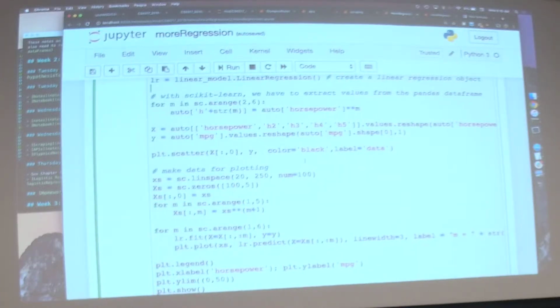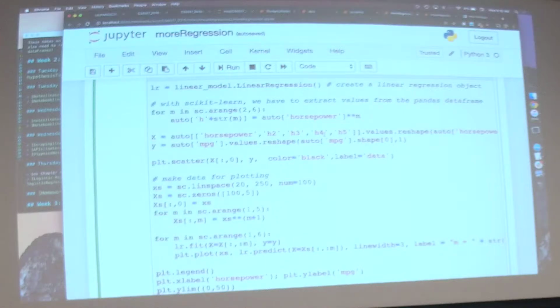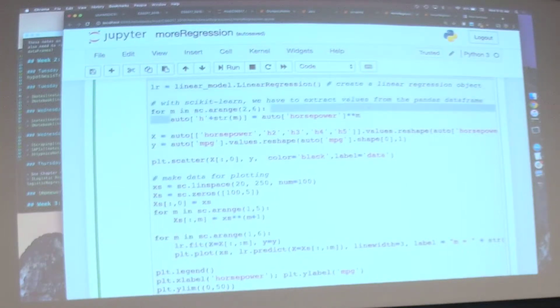Scikit has a train test split. We're adding our complicated terms to the data ourselves, adding new columns to our data: horsepower squared, cubed, to the 4th, to the 5th.